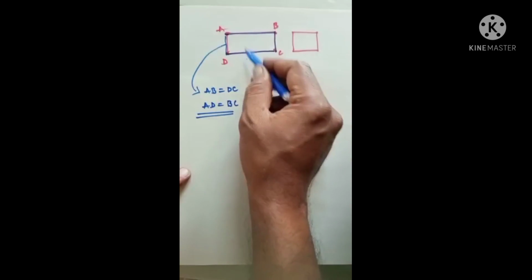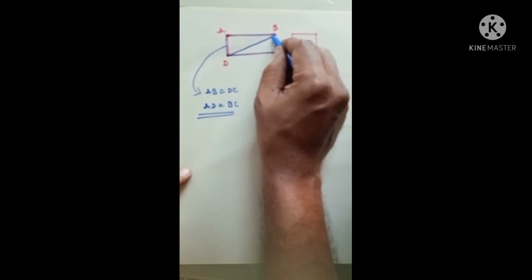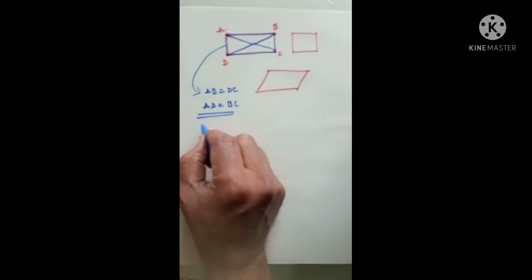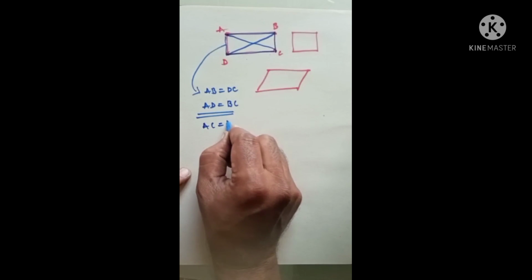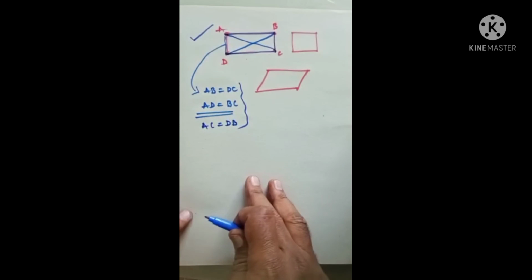First you want to prove that the opposite sides are equal, and next thing what you want to prove? The diagonals are also equal. So you want to prove that AC should be equal to DB. If you prove these 3 conditions, you can write this is a rectangle.